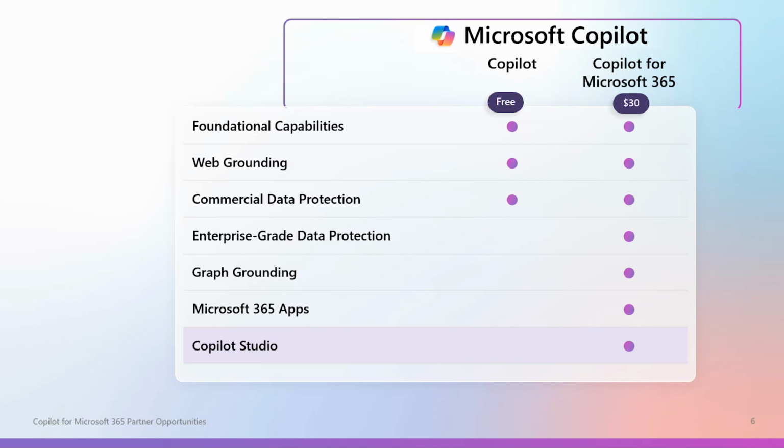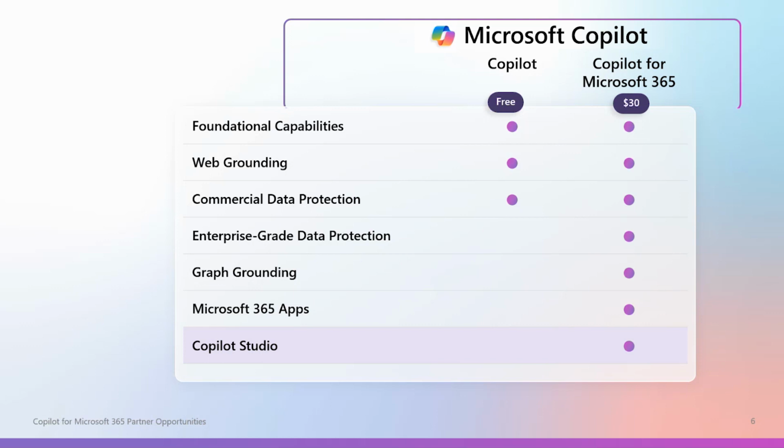So the free Copilot is the one you can find in Edge. Edge is a browser just like Chrome, Safari, or Firefox. It lets you search the internet in the same way as ChatGPT, which is also free. Its functionalities are limited and don't allow you to interact with your M365 data and applications.